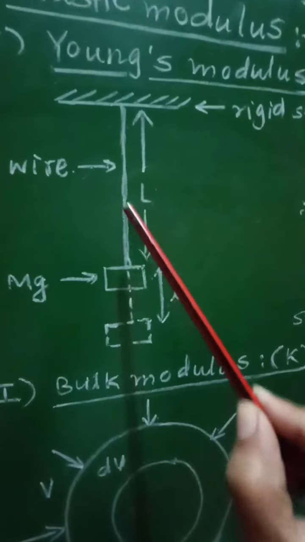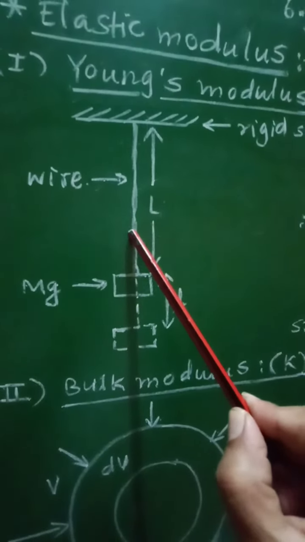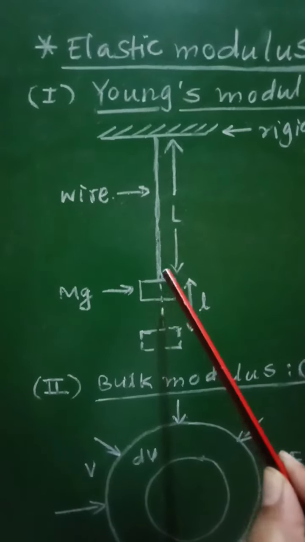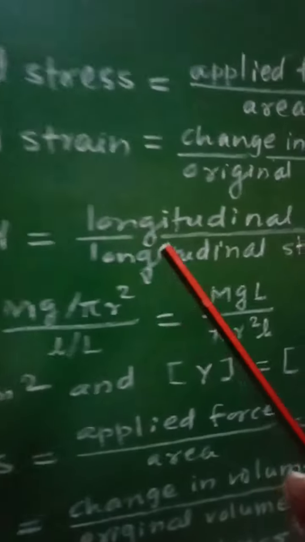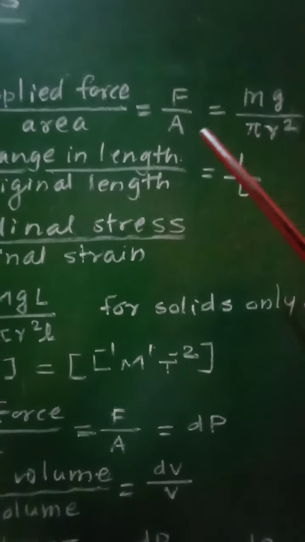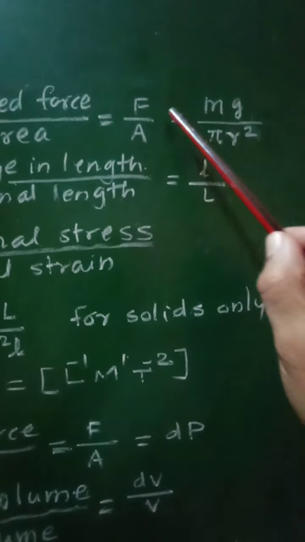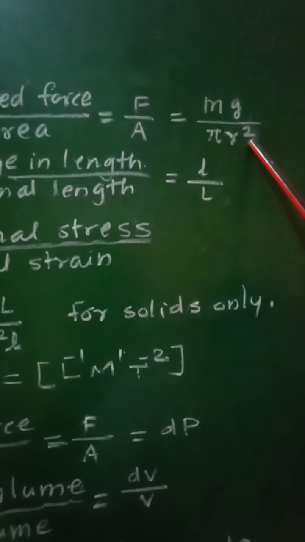If this wire has length L and radius r, then the area of cross section is circular and equal to pi r square, and therefore longitudinal stress will be F upon A, that is mg upon pi r square.